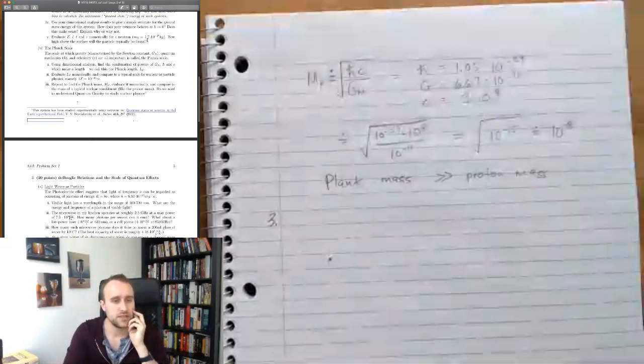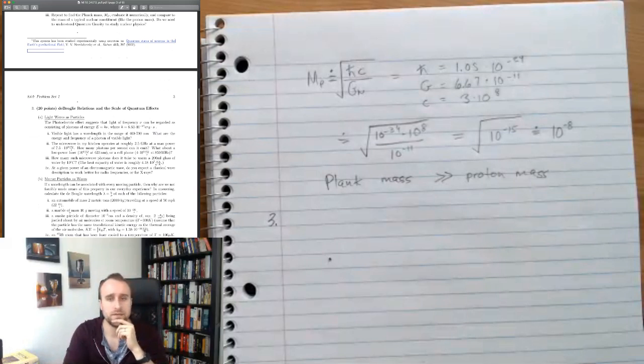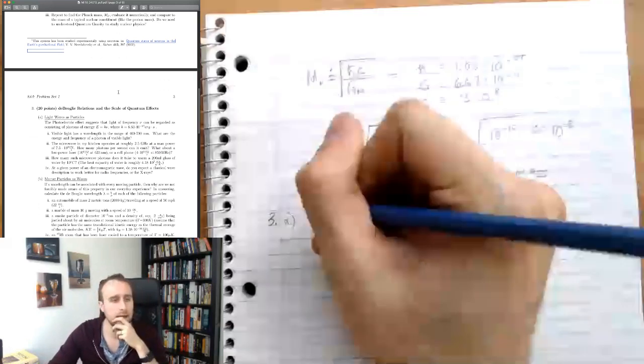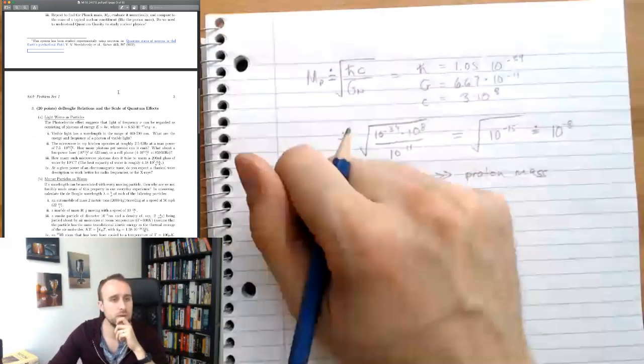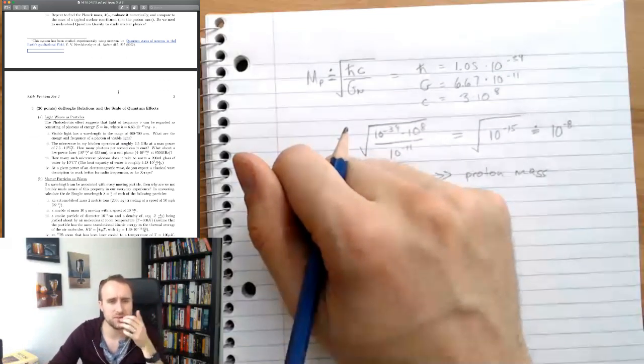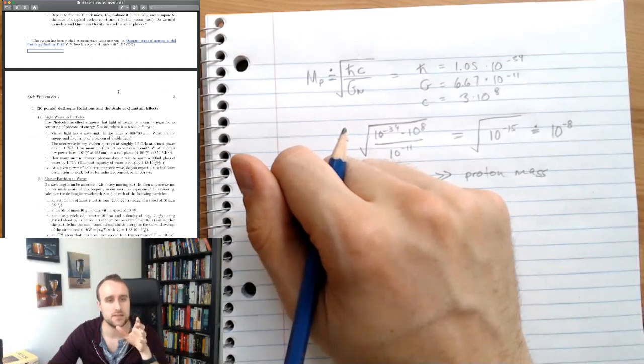De Broglie relations and the scale of quantum effects. All right, 3A, light waves as particles. The photoelectric effect suggests that light of frequency nu, I think that's nu, can be regarded as consisting of photons of energy E equals h nu, where h is the Planck constant.